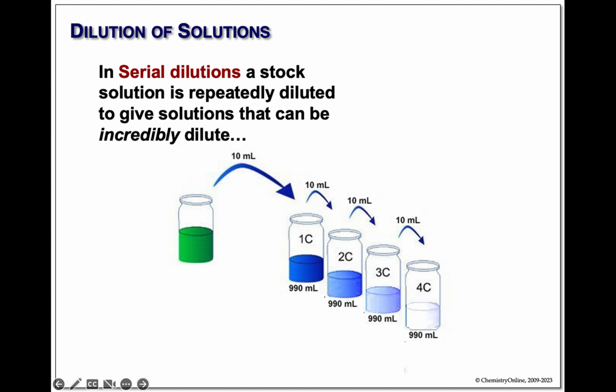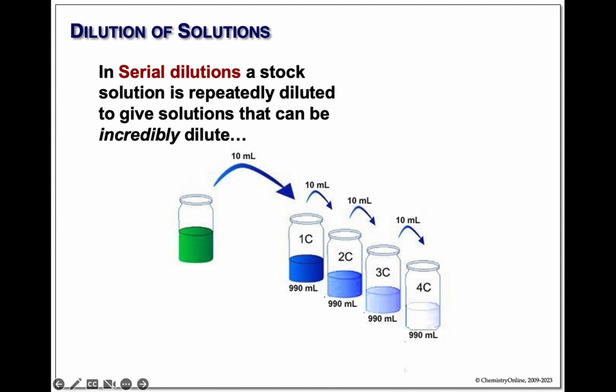In a serial dilution, the advantage here is that you can wind up with a solution that is extremely dilute, but you know its concentration accurately. So if we wanted to make something that was like 10 to the minus 12th molar, weighing out that much solid would be really tough. But what we do here is a series of dilutions where every step we dilute 100-fold.